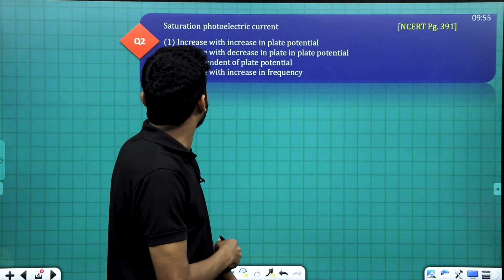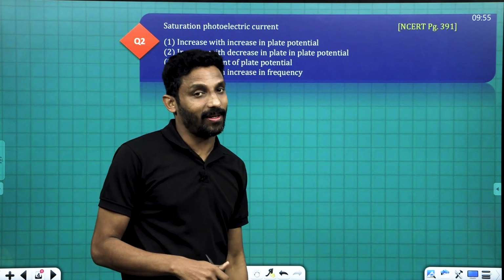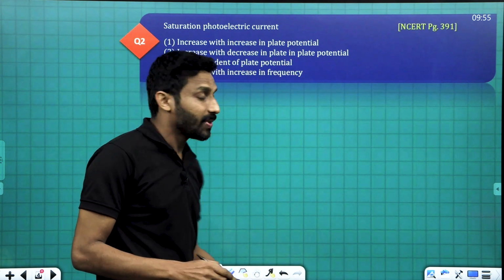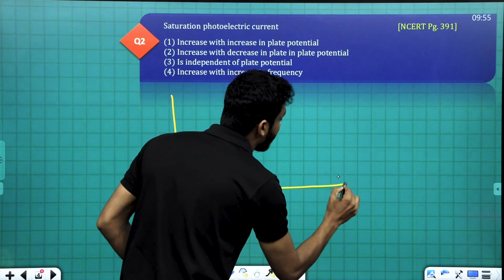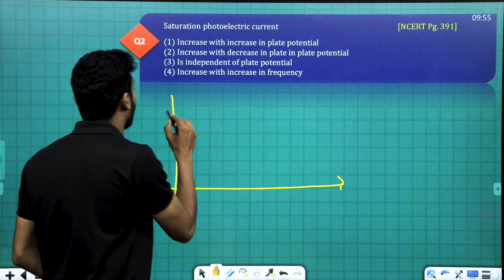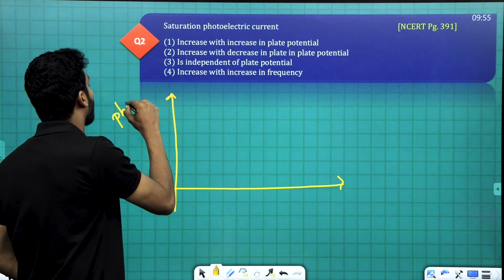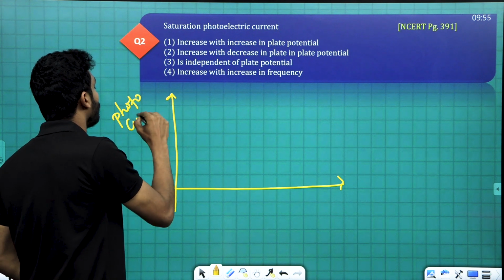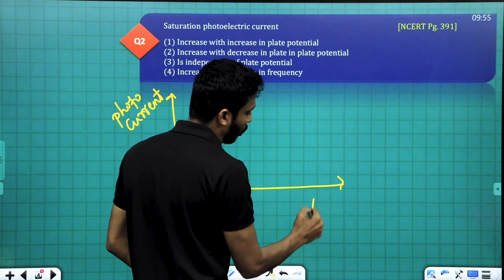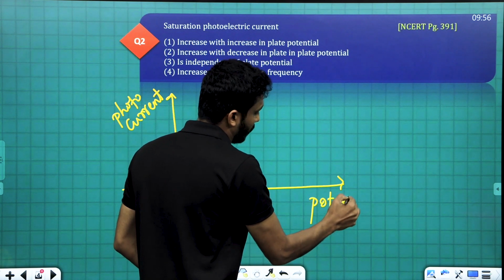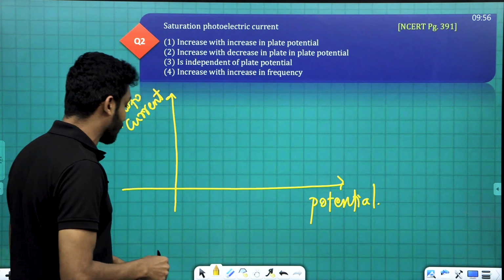Saturation photoelectric current increases with increase in plate potential, etc. See, we have the graph of photoelectric current versus plate potential. While studying the photoelectric effect, we have drawn such graphs.